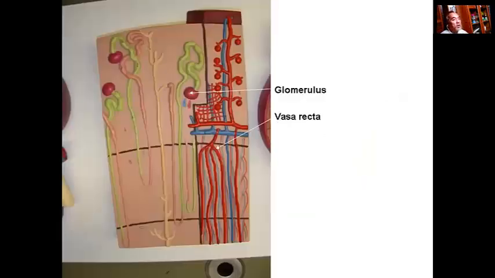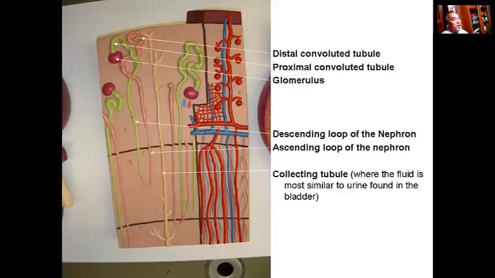All right, another picture. This is the glomerulus. Okay, so those are your glomerulus. And the glomerulus is covered by a capsule called the Bowman's capsule, with the proximal convoluted tubule, then the loop of Henle, and then distal convoluted tubule, the collecting duct.